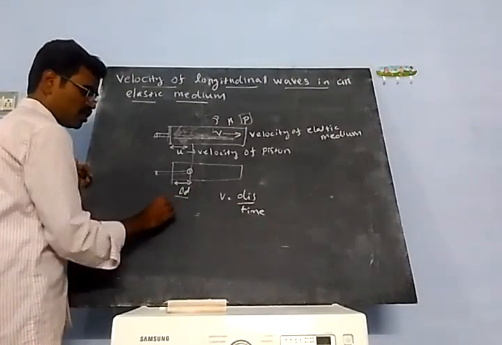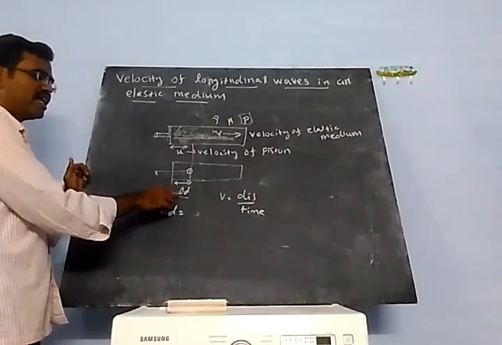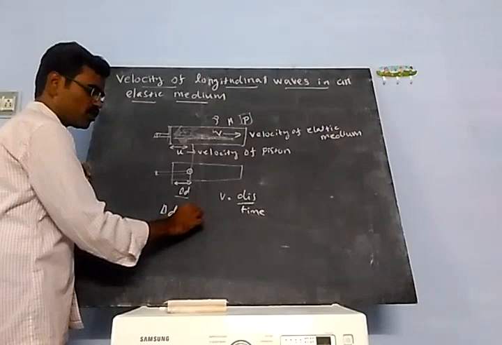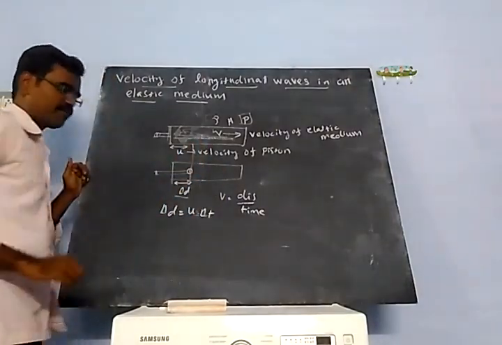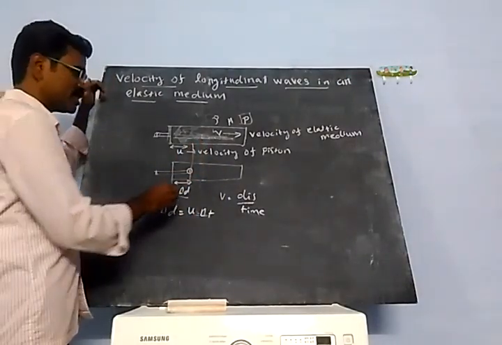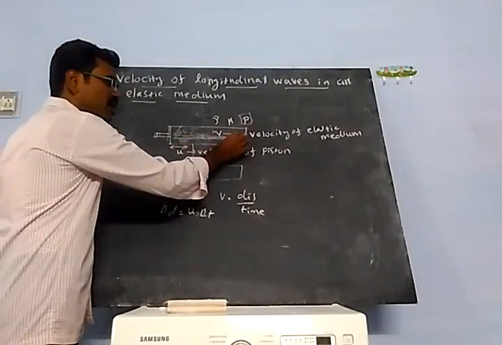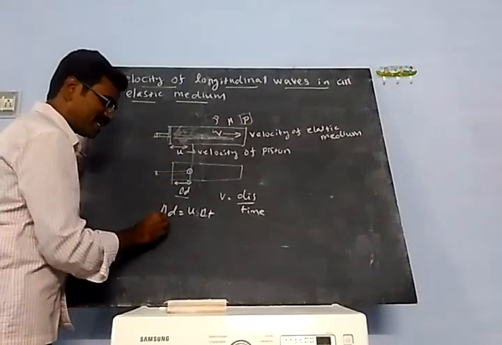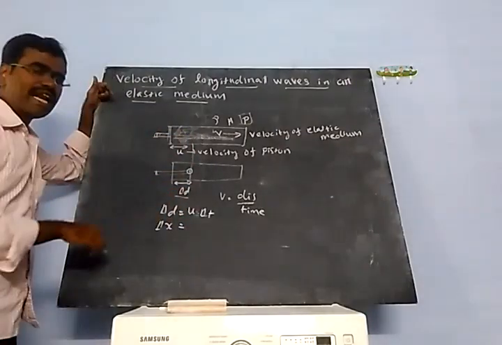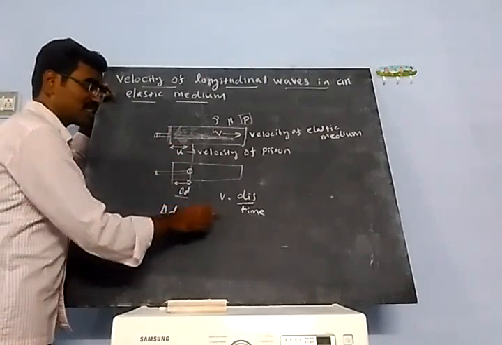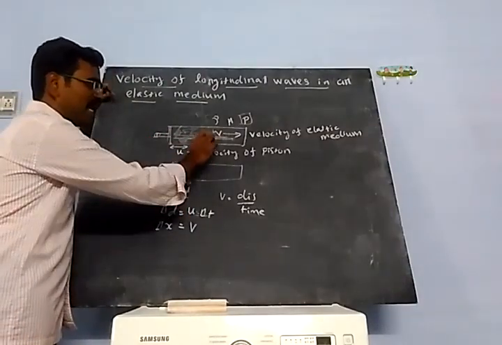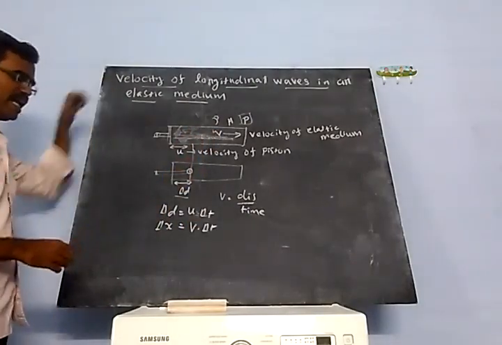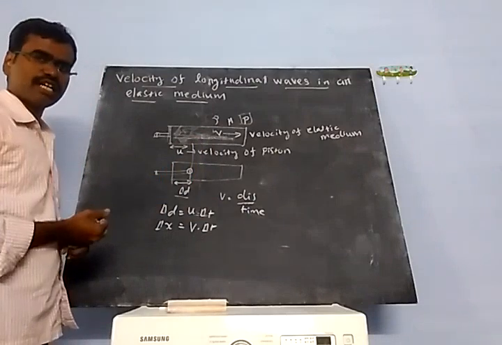The piston moves del D, so del D is equal to U into del T. Then the elastic medium also moves and covers some distance, called del X. Del X is equal to the medium's velocity V into time del T, so del X is equal to V into del T.